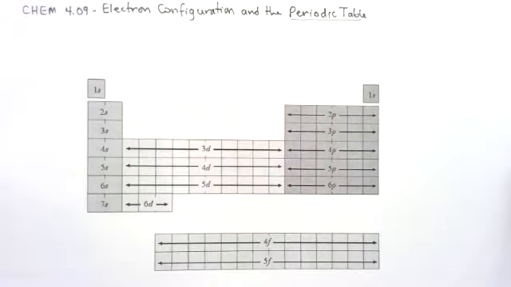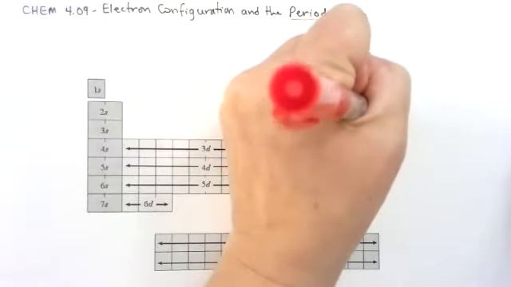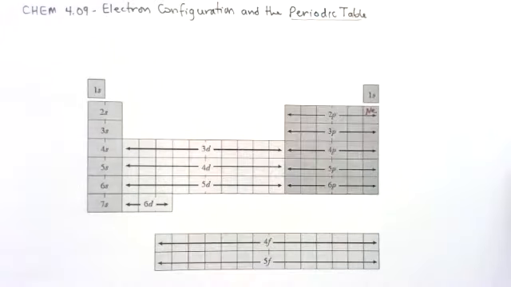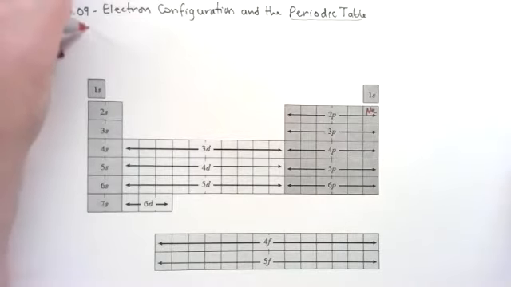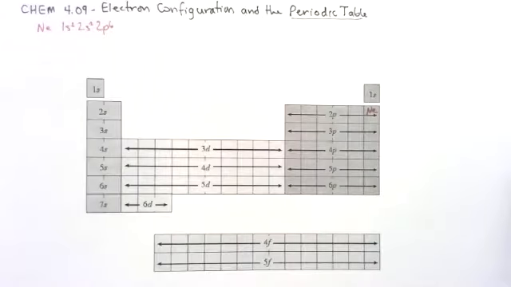There's a beautiful symmetry here. So let's go with neon. I'm going to write neon in over here. We've already done neon, and we know that neon is 1s2, 2s2, 2p6, from previous lessons.